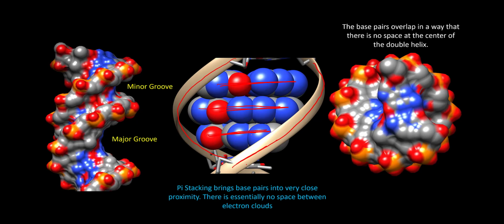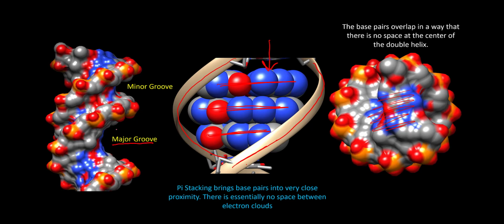And if we rotate it and look at it from the end on, looking down this axis, we see very clearly that the bases are stacking on top of each other, and there's no space down the middle. If we rotate it and look at it from the side on with the same space-fill representation, we see very clearly the two grooves we were talking about.